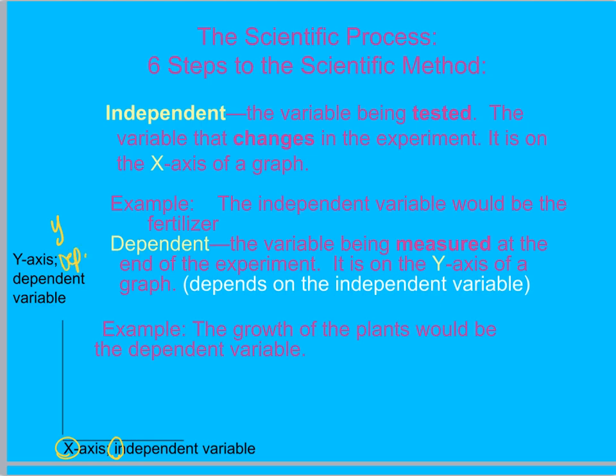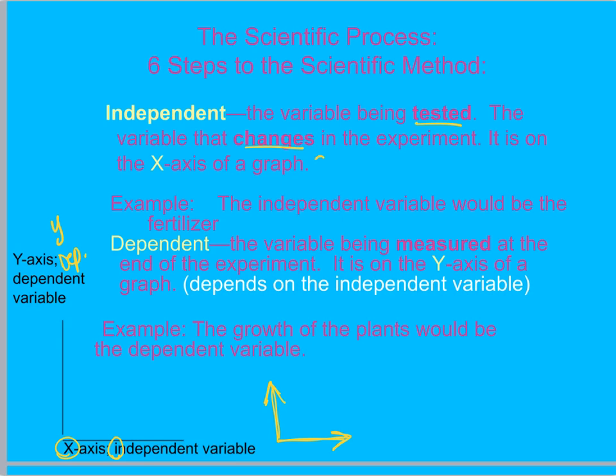Okay, so you need to know the independent variable will always be plotted horizontally on the x-axis, and the dependent variable will always be plotted vertically on the y-axis. All right, so the independent variable is your variable being tested. This is what changes in the experiment. Okay, and like I said, it's on the x-axis of a graph.